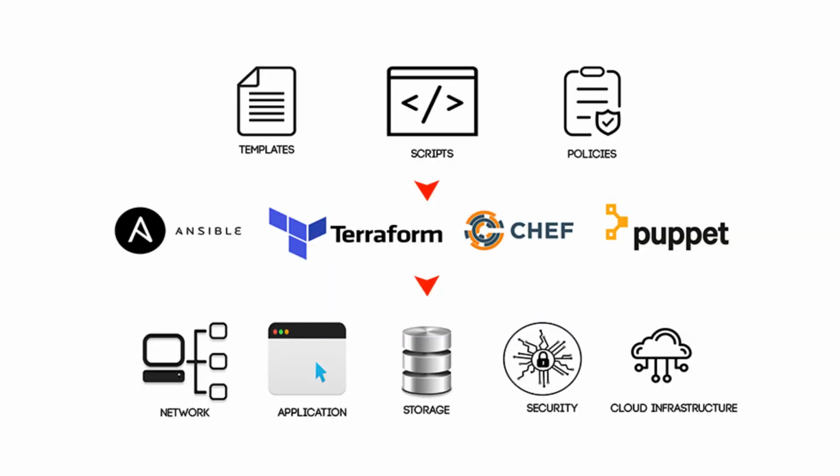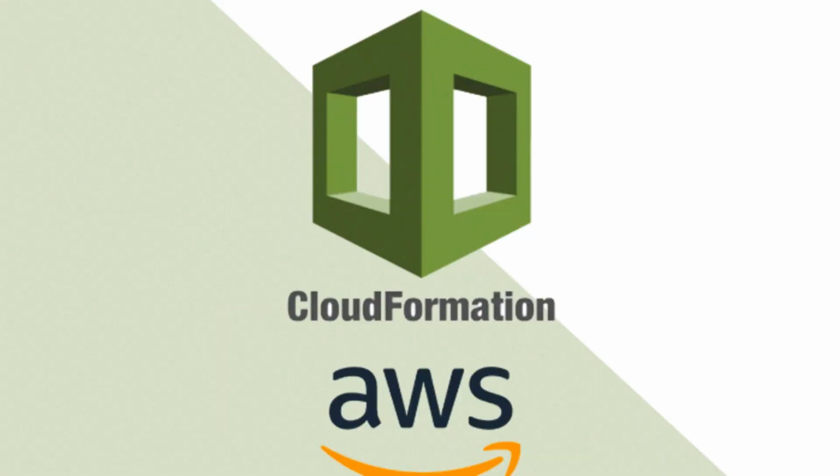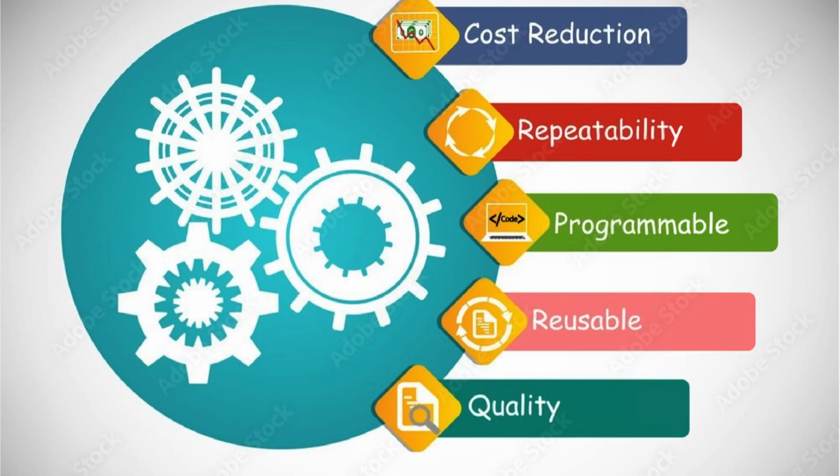There are multiple tools available in the market like Ansible, Terraform, or you can also use CloudFormation. CloudFormation is created by AWS for AWS. The main benefit that you get with CloudFormation is it automates the infrastructure creation process.